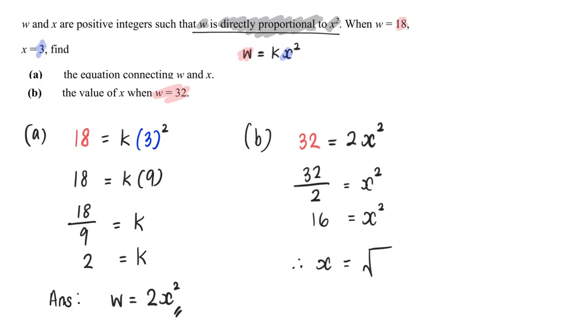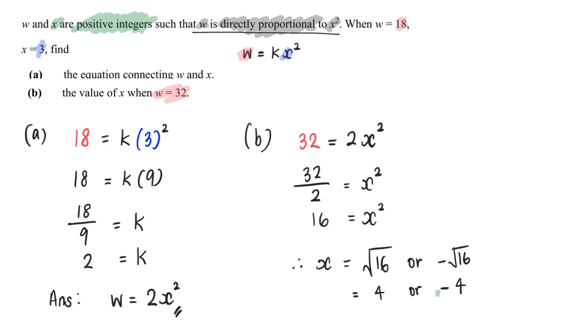And at this point, you will notice that every time I square root something, usually there is a positive or a negative answer to this. In this case, it's either 4 or negative 4. But when I check the question again, I saw something. They are both positive integers.